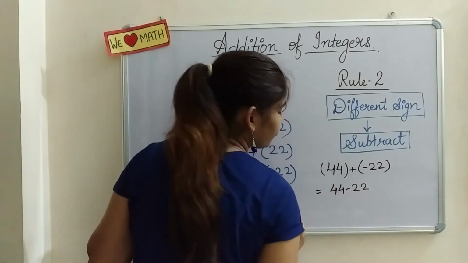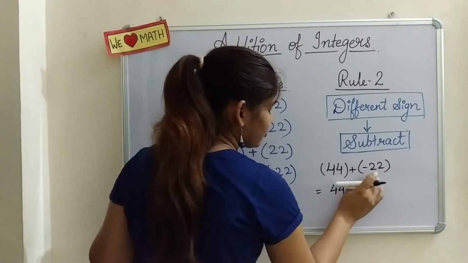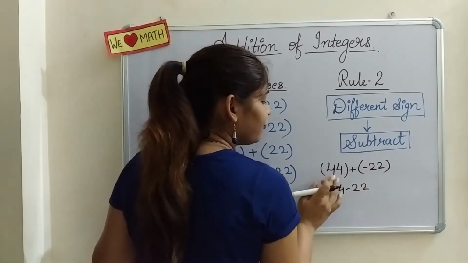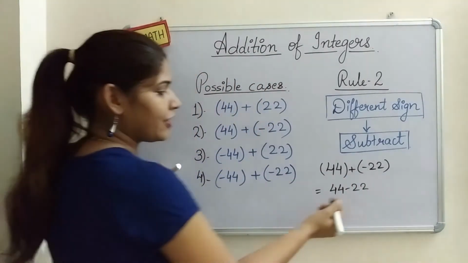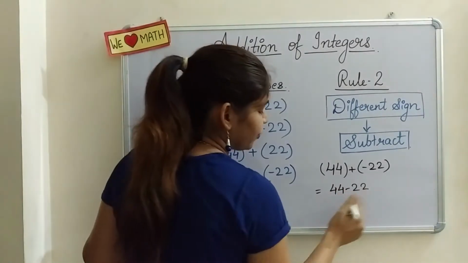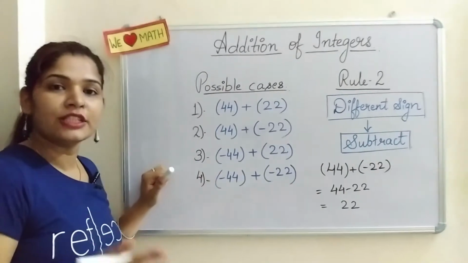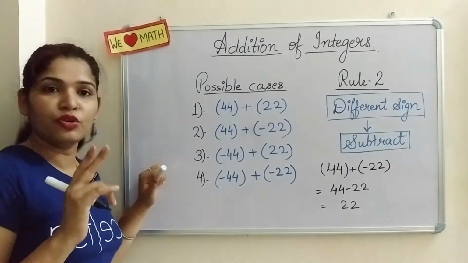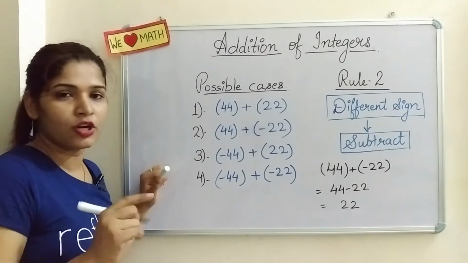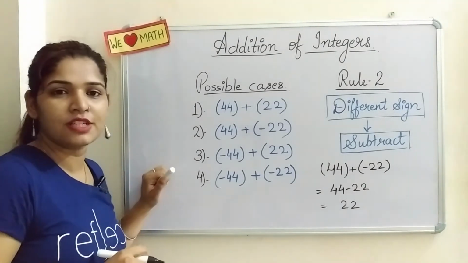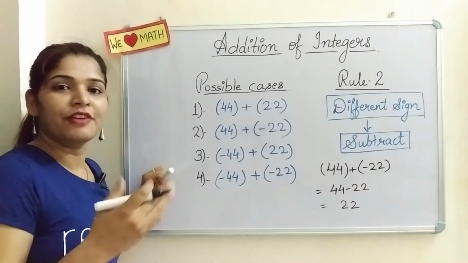The absolute value of minus 22 is 22 and of 44 is 44, and we subtract 44 minus 22. The answer will be 22. But what about the symbol? In rule 1 we wrote the common symbol: when both were positive, we wrote the positive symbol, and when both were negative, we wrote the negative symbol.